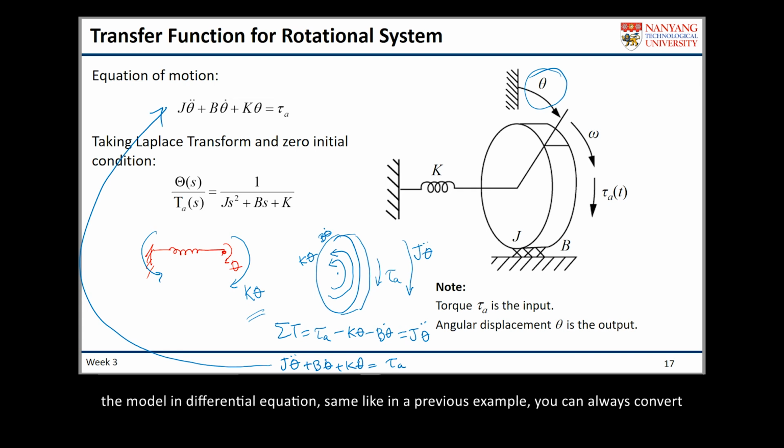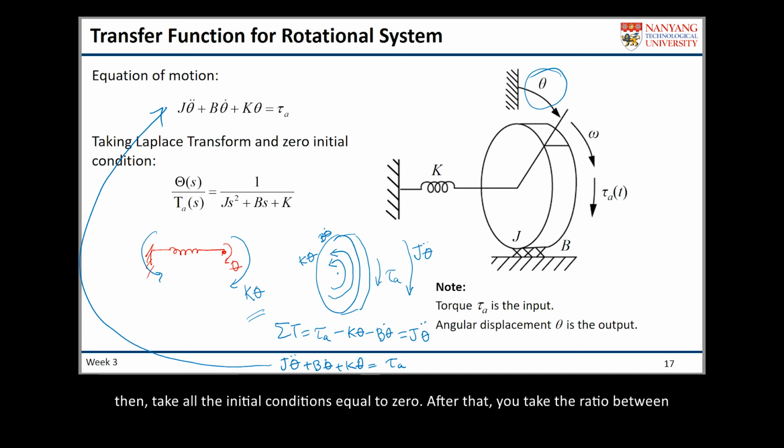Once you have the model in differential equation, same as in the previous example, you can always convert it to transfer function form by applying Laplace transform to the differential equation and taking all the initial conditions equal to 0.